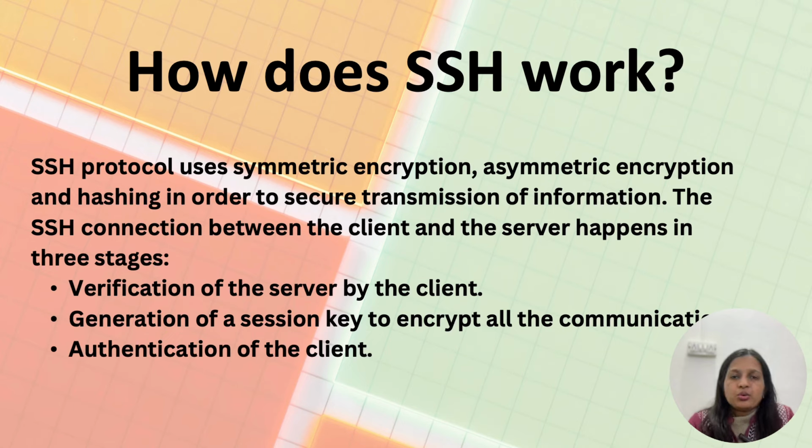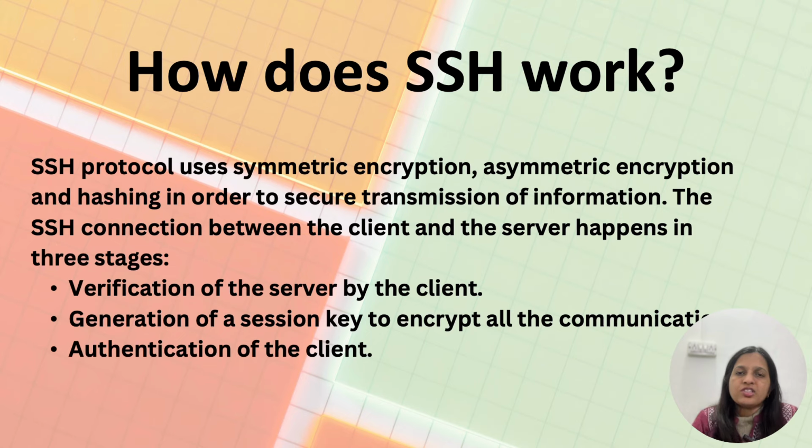Okay, so the session key is generated, and the third step is the authentication of the client. The authentication of the client happens in a few steps. Number one, the client starts by generating a key pair using the ssh-keygen command. It can also include the type of key it wishes to generate, and after the key is generated, the client or the host computer copies the public key and sends it to the server.